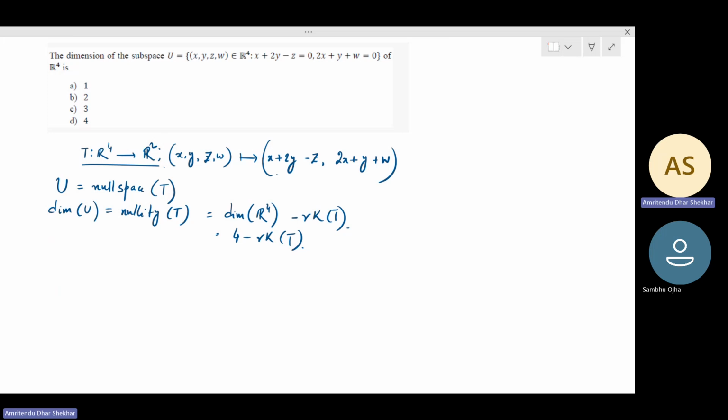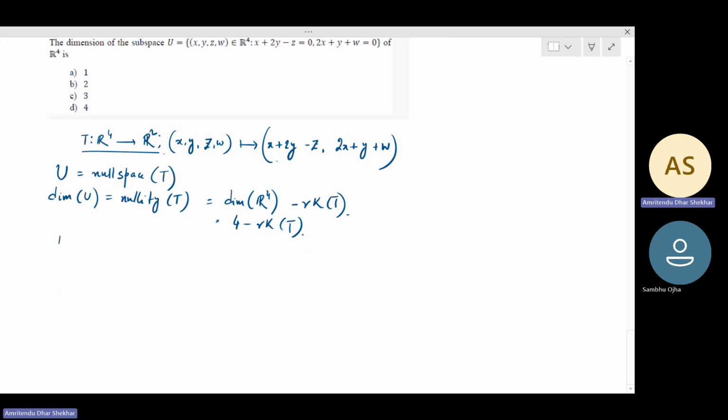Well, you take the standard basis of R4. Let E1, E2, E3, and E4 be the standard basis, which basically means that E1 is equal to 1, 0, 0, 0, likewise E2, E3, E4.